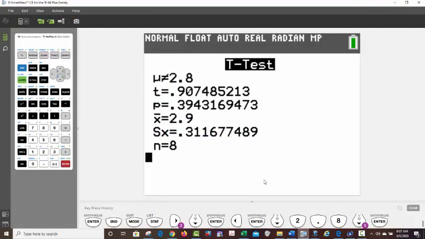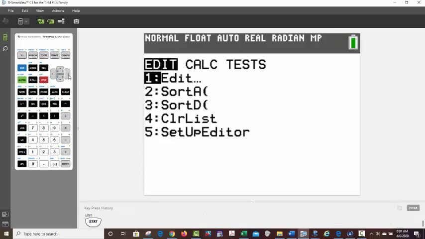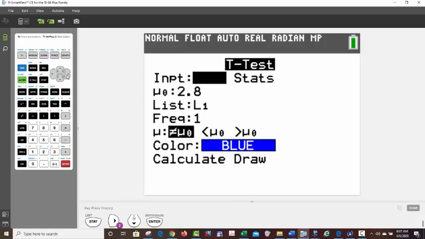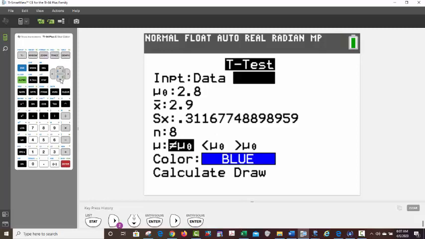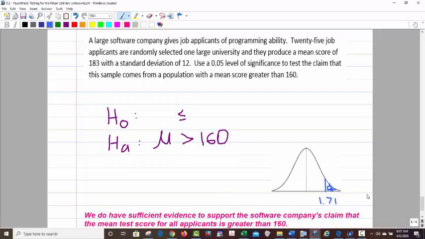T-Test. Stat. Test. T-Test. Now we're back to stats. Mu naught, 160 is what we're testing against. So that's your mu naught.